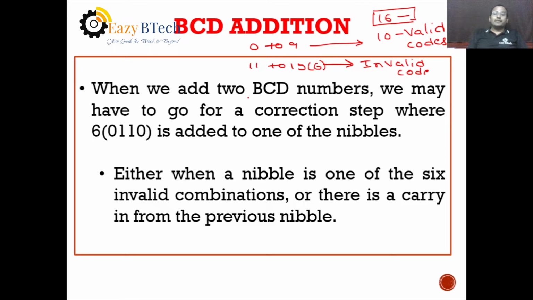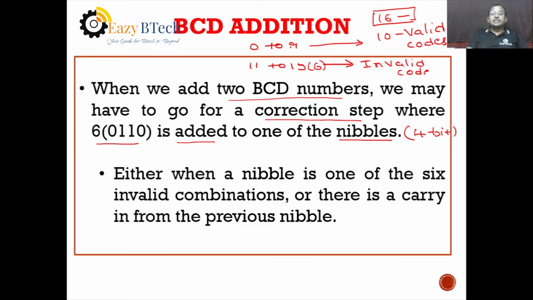So whenever we add two BCD numbers, we may have to go for a correction step where 6 is added to one of the nibbles. A nibble is nothing but 4 bits.